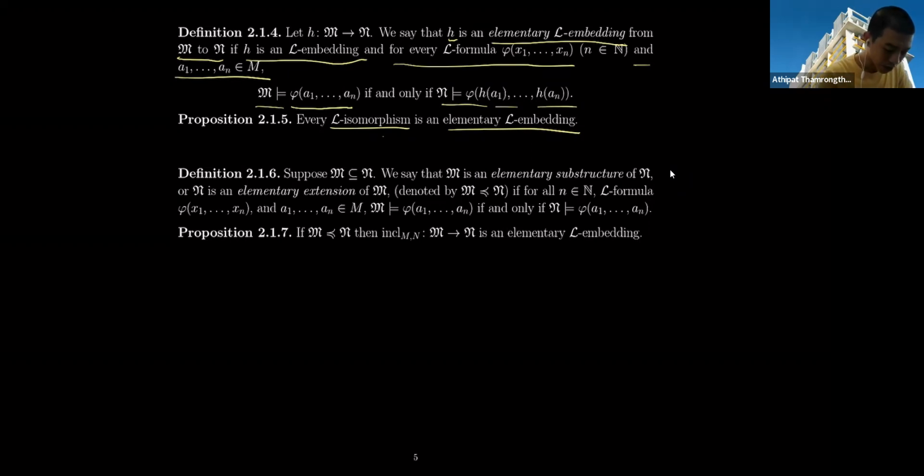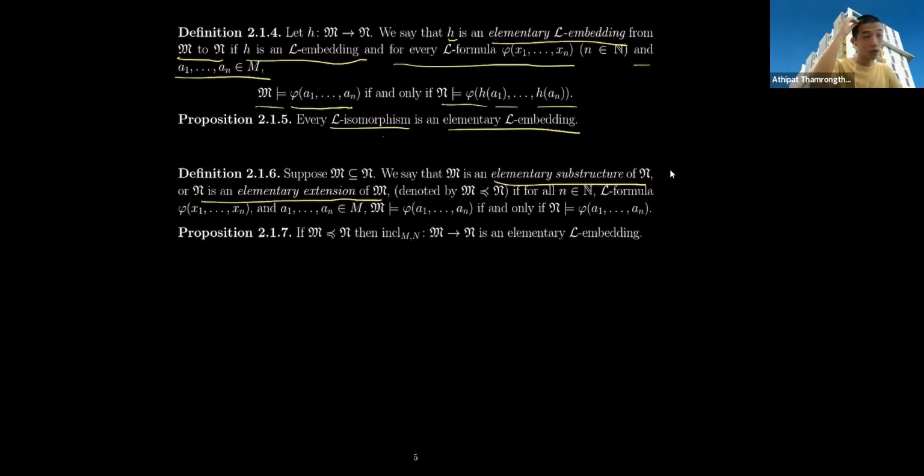Another interesting thing is we can also have what we call an elementary substructure, and if we go in the other direction, we say that it is an elementary extension.